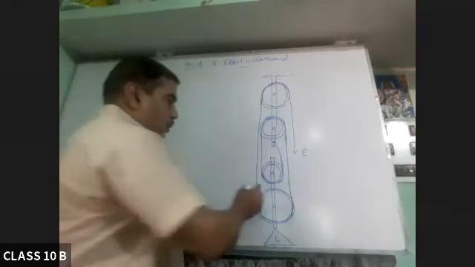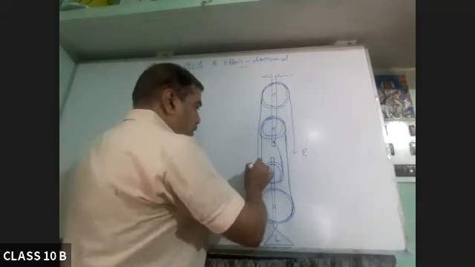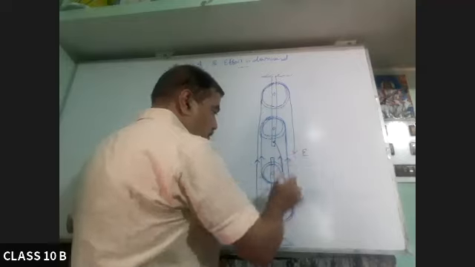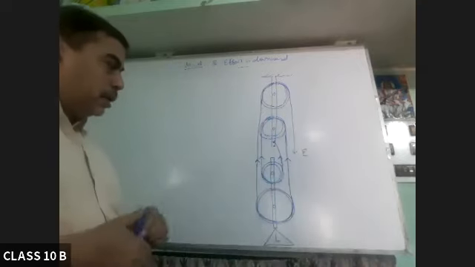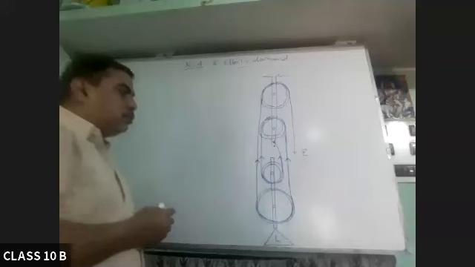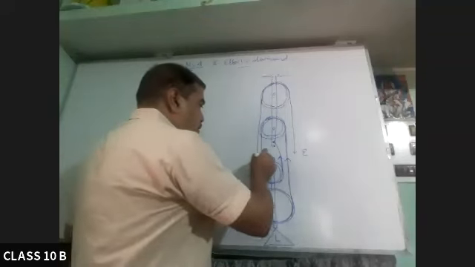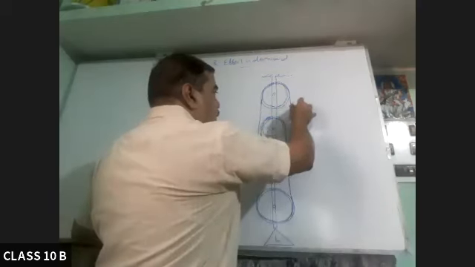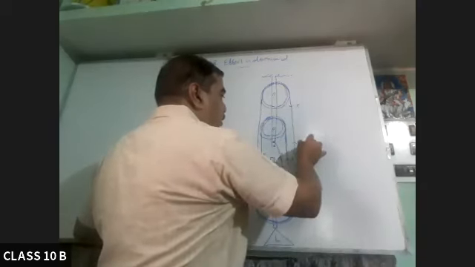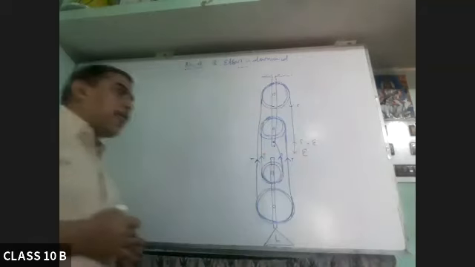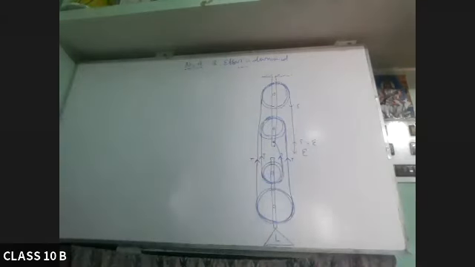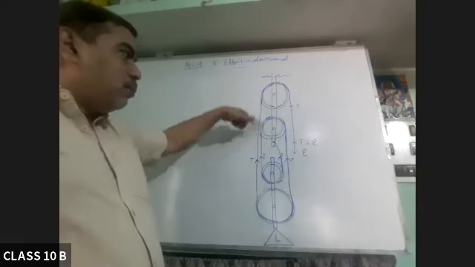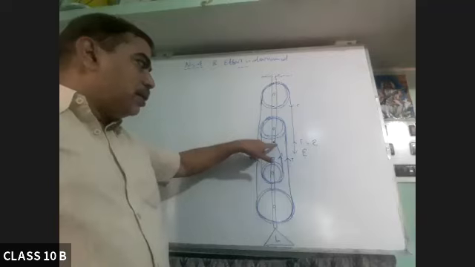So we will have to show the tension in the lower block. These are the four strands connected to the lower block. In each one the tension is T, which is equal to E. In the actual one, tension is acting downward here, here, here and here.